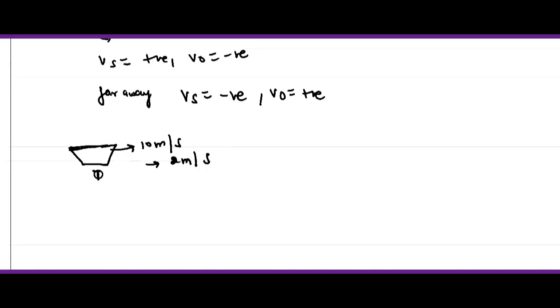So this is our transmitter and this is our receiver. That means this is our source and this is our observer, and this is the river.